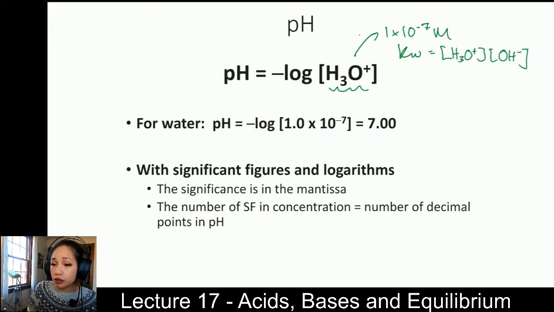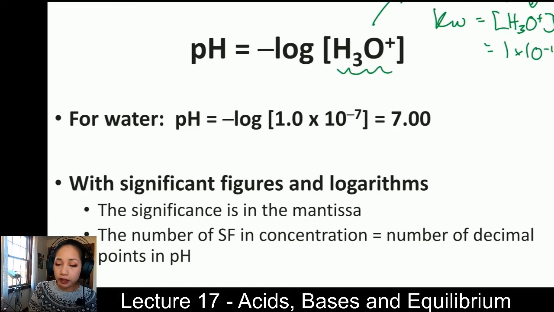And in a neutral solution, those two values are equal to one another. All right, and since Kw equals 1 times 10 to the negative 14, that means each of these variables equals 1 times 10 to the negative 7. So this is where we get water. Water is neutral. Water is pH 7.